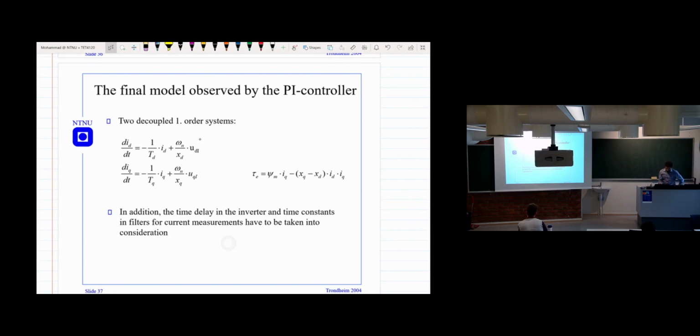And then finally, we come here to this decoupled model. This means we can neglect the effect of the cross-coupling term here. So now there is no cross-coupling term because we are canceling them, and also we are canceling the additional term as we discussed. Then finally, we'll have two first-order equations.